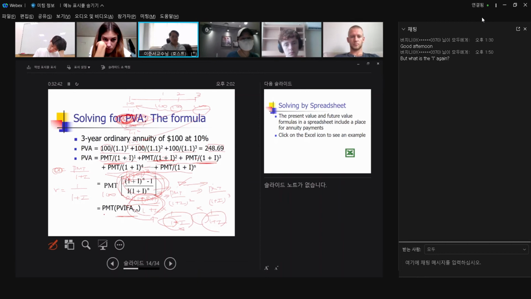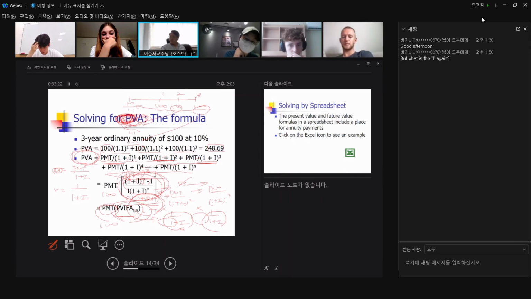So anyway, this is the payment times the present value interest factor of annuity. So there are 3 variables, right? In this example, I gave you information of payment, something like 100, and to get the solution for the present value interest factor of annuity, I gave you information of interest rate and number of periods, right? Then you can solve the present value of annuity. But I may give you the information of what?